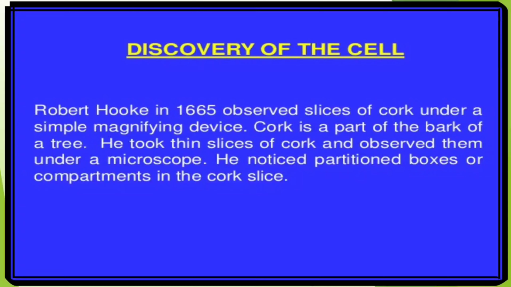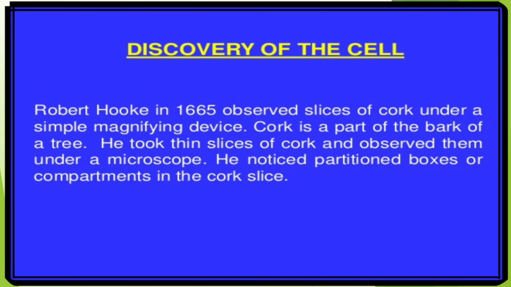You have heard about this already. Cell. Cell is a basic and fundamental unit of our body, which was first discovered by the scientist Robert Hooke in 1665. What he did was take a single slice of cork and observe it under a microscope.